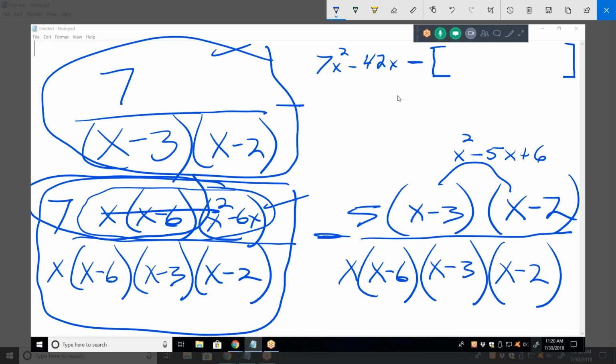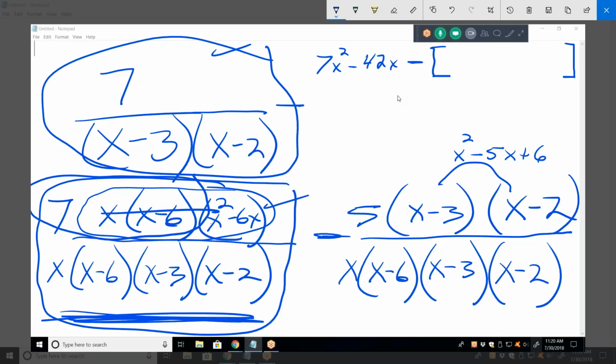Nope. Can't do that yet. No, this is our common denominator. There's nothing that crosses out. We don't want to cross it out, because we're trying to subtract these two fractions. We've got to have a common denominator, otherwise we can't subtract fractions. So whatever the numerator is, it is. We don't want to then go backwards and cross it out.